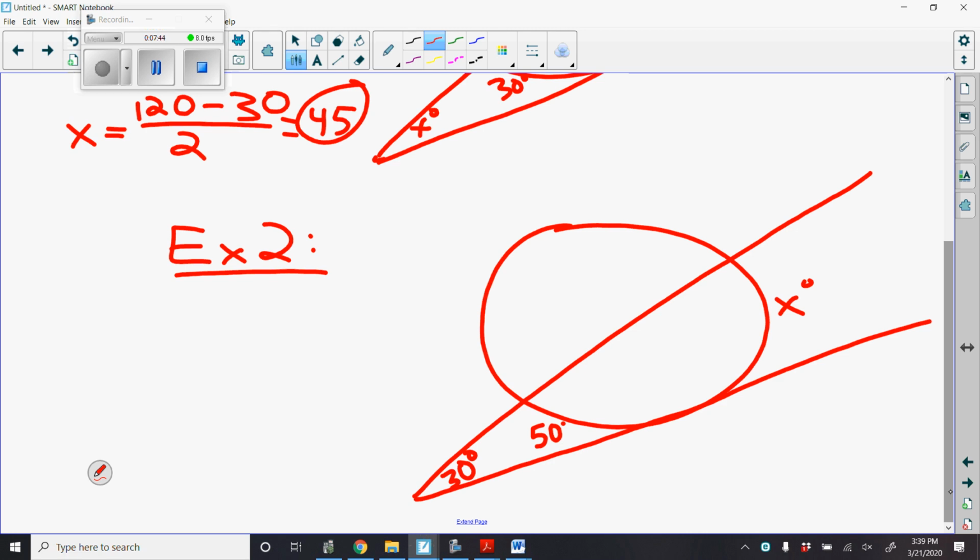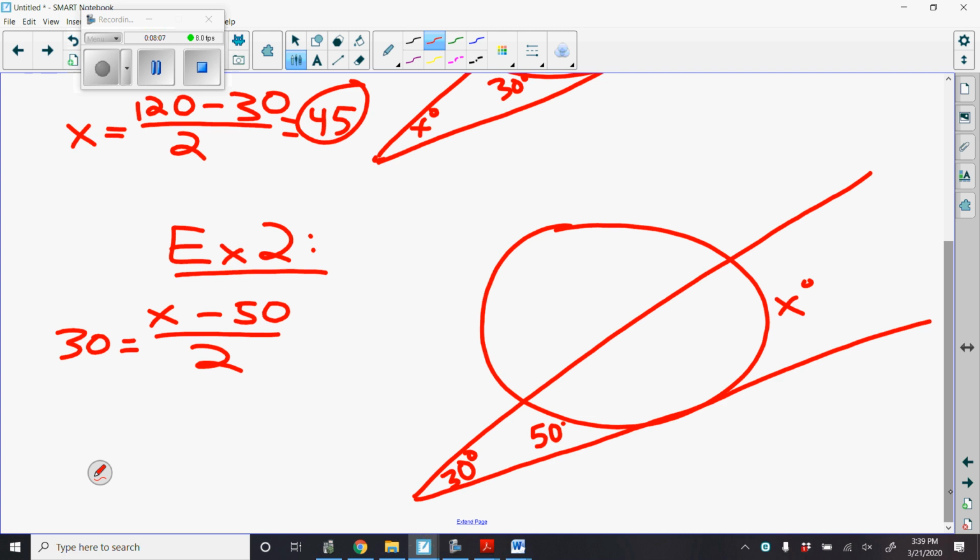My unknown is the big bend. But the setup is the same, just X will be in a different place. Again, I always start angle equals. Angle here is 30. Big bend, X, minus little bend, 50, over 2.